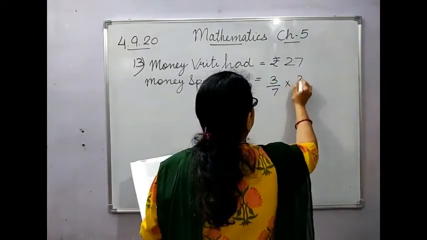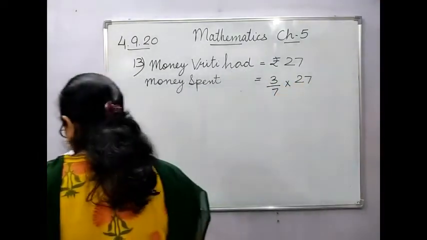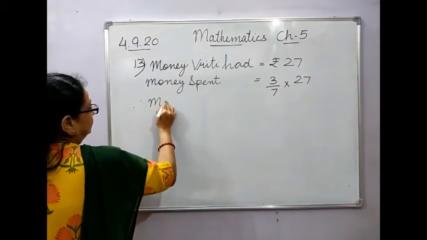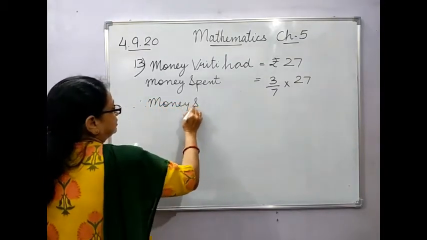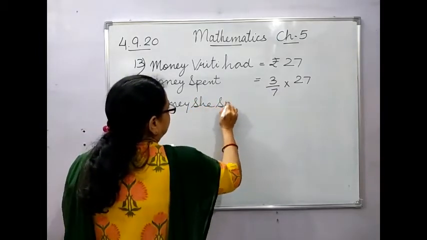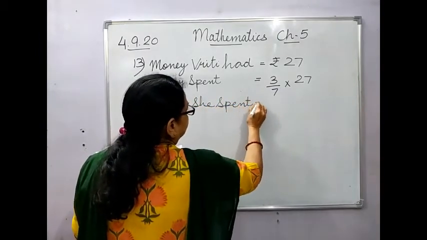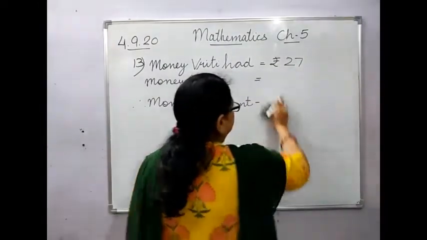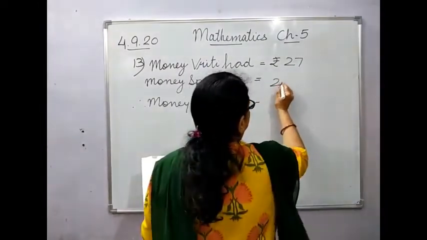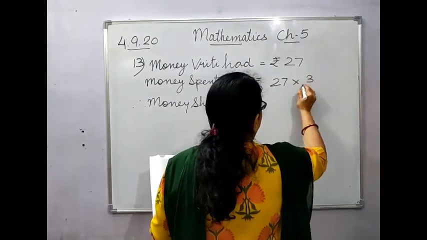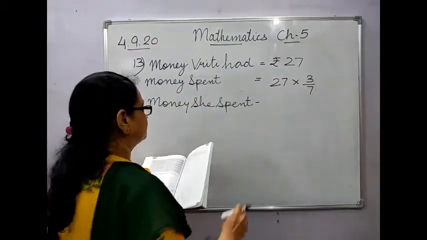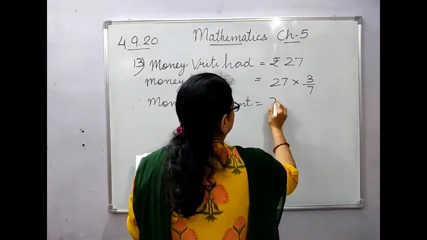There was how much money did she spend? Therefore, the money she spent is 3/7 of 27.